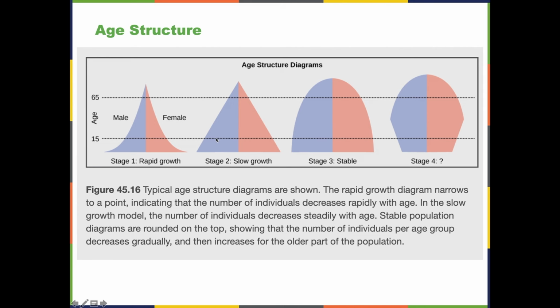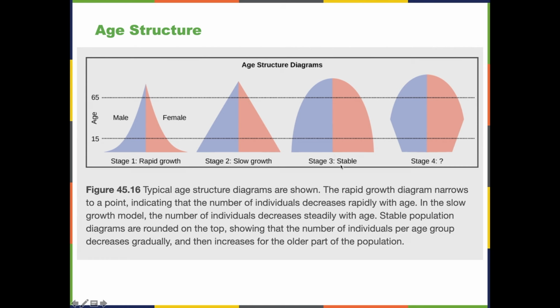Now, in this case, you no longer have a population where a vast majority of individuals are at a younger age. You get some middle-aged people, you get some older people. So that's why this is predicted to experience slow growth, because the proportion of people in the population who are expected to bear children in the next few generations does not overwhelm the other parts of the population.